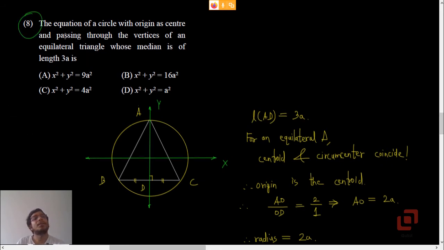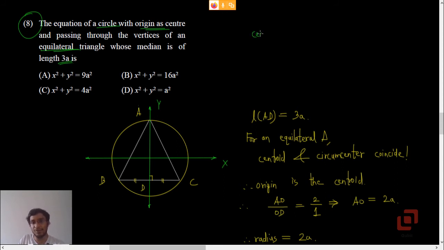Question 8. The equation of a circle with origin as its center and passing through the vertices of an equilateral triangle whose median is of length 3a is. Now, when you say that you want to find the equation of a circle, you always ask for two things.